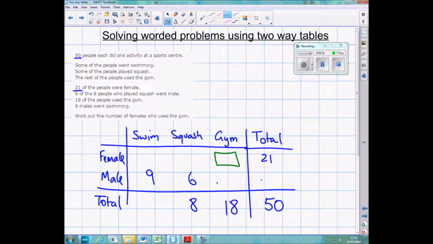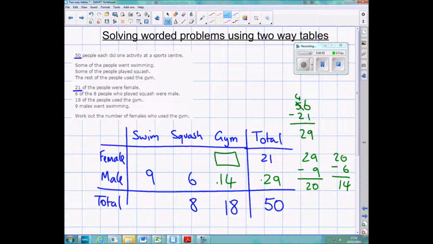So I'm going to start off with this one, and that's going to be 50 take away 21, which, borrowing, I get 29. So now I'm going to find out how many men use the gym by doing 29 take away 9, which is 20. And then I'm going to do 20 take away 6, which is 14.